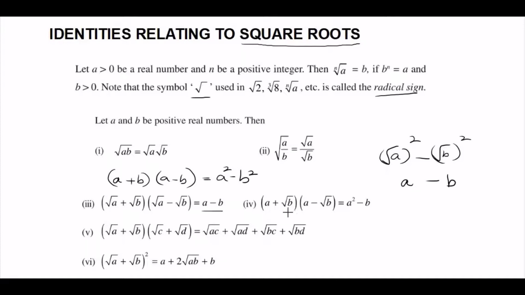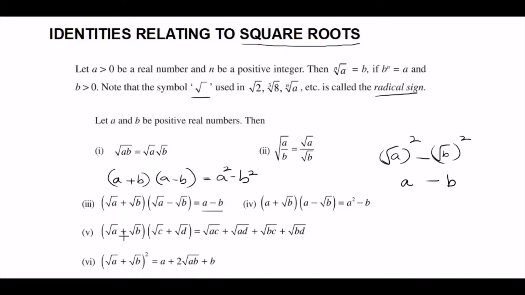The next identity is a plus root b into a minus root b is equal to a square minus b. Here also it's the same: a plus b into a minus b is a square minus b square. So you will get a square minus root b into root b, which is b. So you will get a square minus b. Next is the distributive identity: root a plus root b into root c plus root d, like a plus b into c plus d in the algebraic identity.